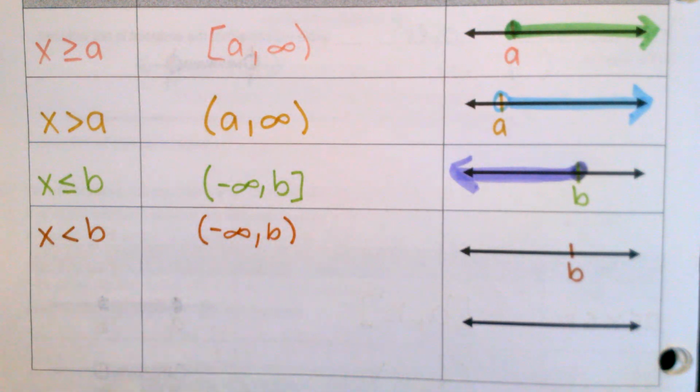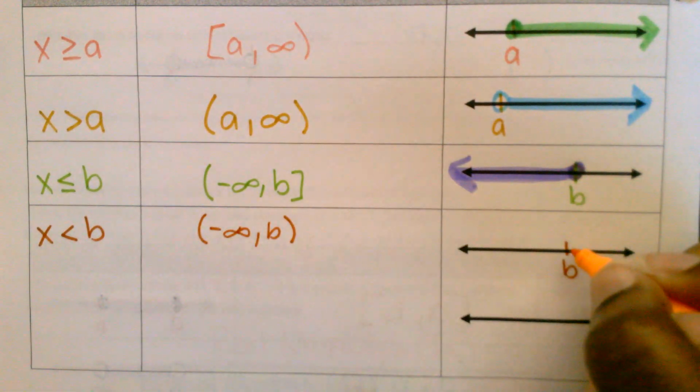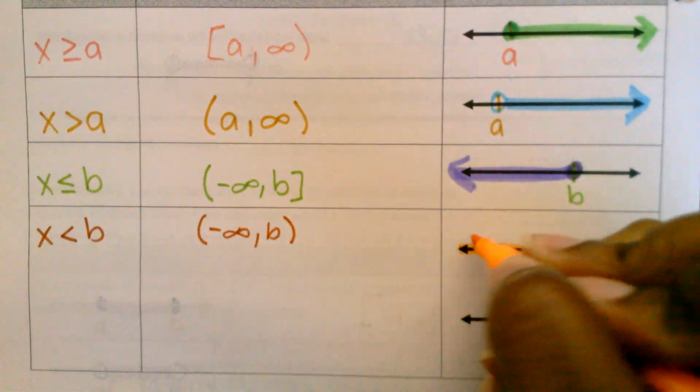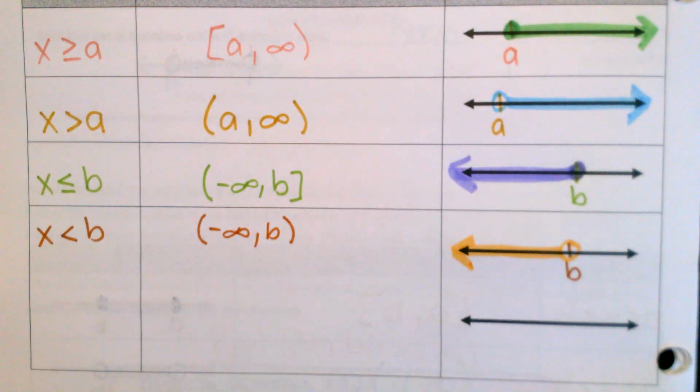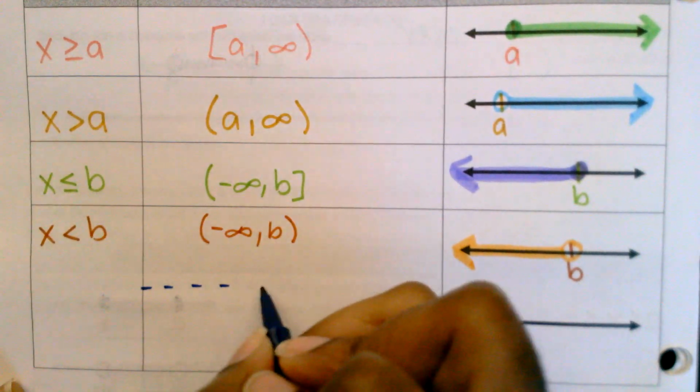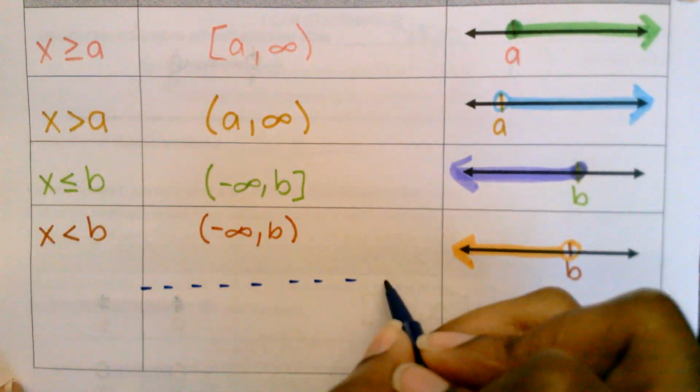Open or close circle? Open, open circle. So open, and then I'm shading to the left, the arrow at the end. I'm going to draw a line underneath here because we have one more thing to represent.